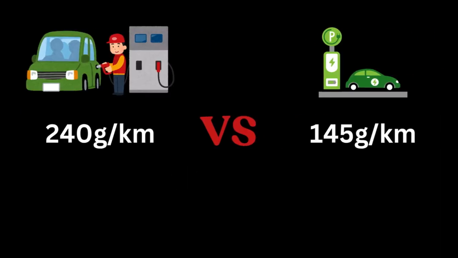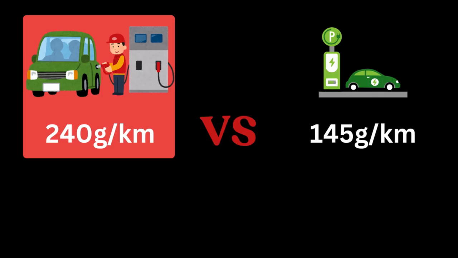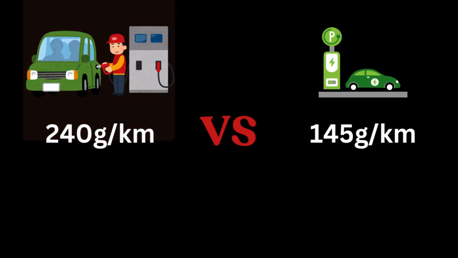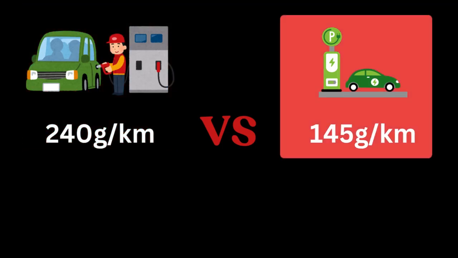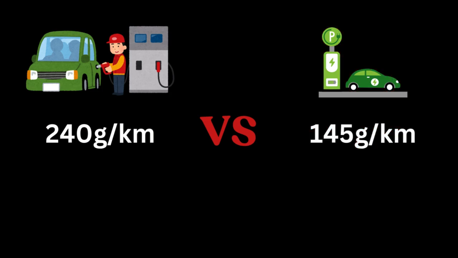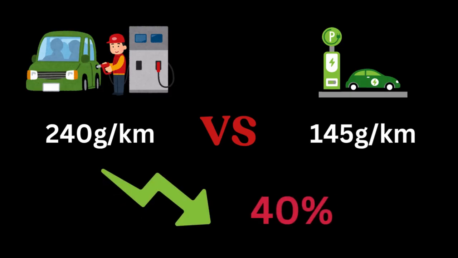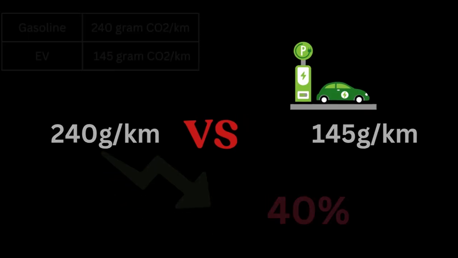Now we know that the emission for the gasoline cars is 240 grams per kilometer of carbon dioxide, and for the electric cars, we get 145 grams per kilometer of carbon dioxide. That means if we use the electric cars, the amount of carbon dioxide will decrease by 40% compared to using gasoline cars.